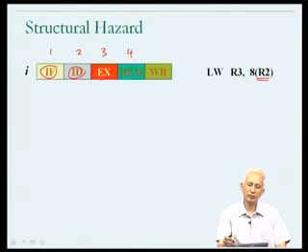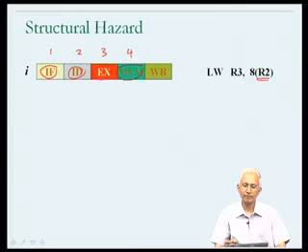And in the fourth cycle, the address which was computed in the third cycle will be sent to the cache memory, where the data will be read. Finally, in the fifth cycle, register R3 will be updated. So we know exactly what happens as far as the load word instruction is concerned. It occupies all the 5 cycles.